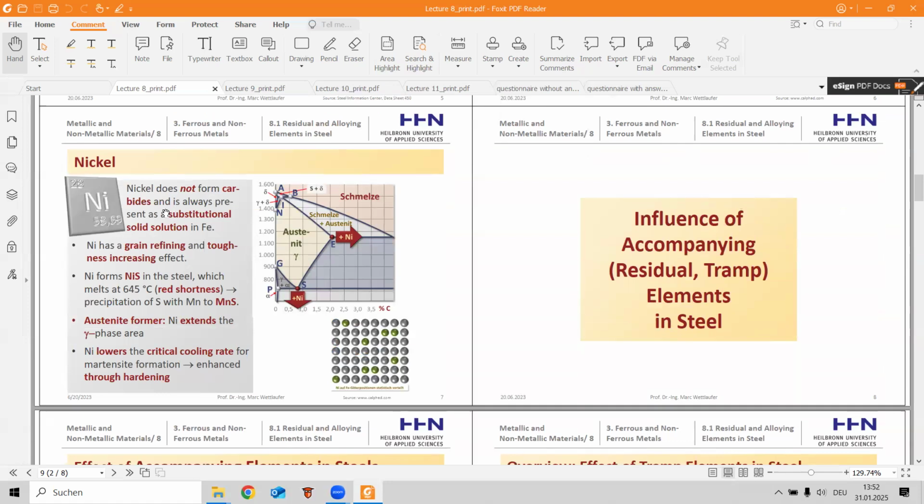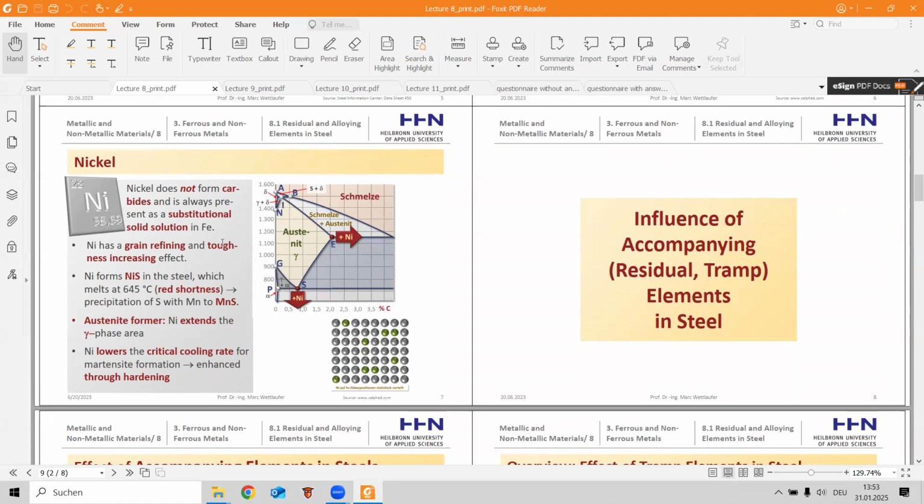Nickel doesn't form carbides, but is always present as a substitution solid solution. Nickel has a grain refining and toughness increasing effect. Nickel forms nickel sulfide in the steel, which melts at 645 degrees Celsius, causing red shortness.